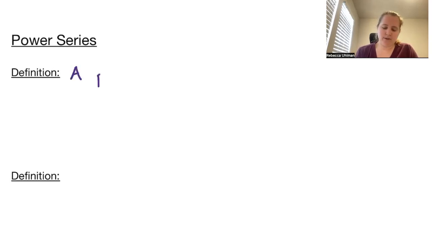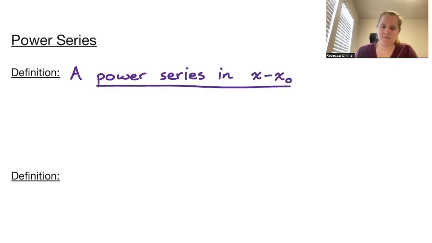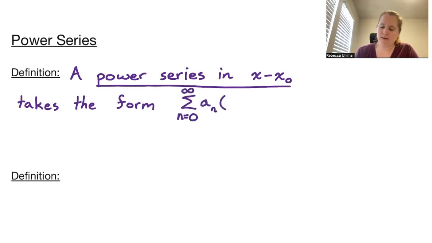So a power series in x minus x naught takes the form the sum from n equals 0 to infinity of a sub n times (x minus x naught) raised to the n, where the a sub n's are constants.